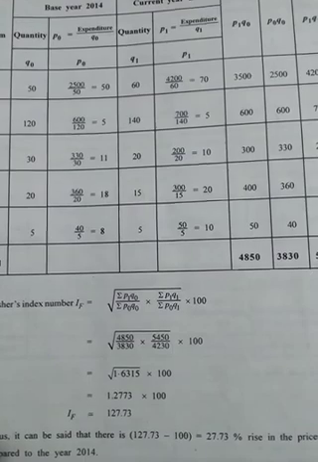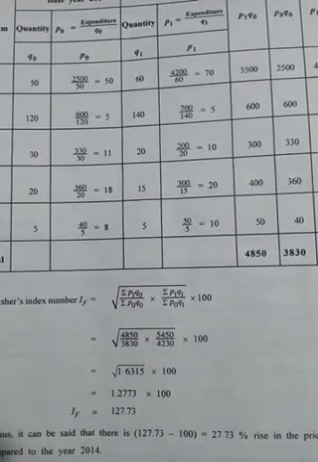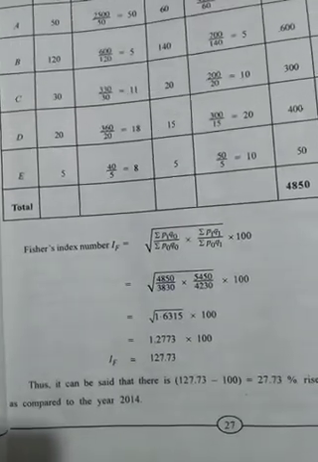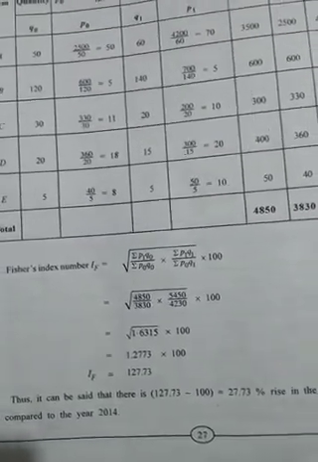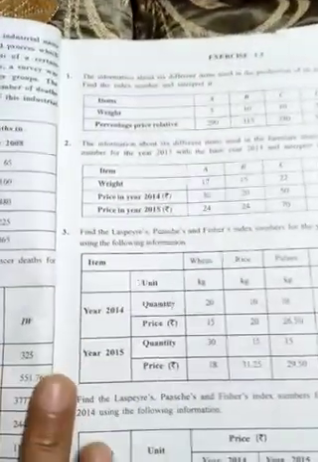Then you get I_F, Fisher's index number, as 127.73. So that is the final answer we got. And if you're asked to find the difference, then it is 27.73, the rise in the price of the item. This is how we work out that question.